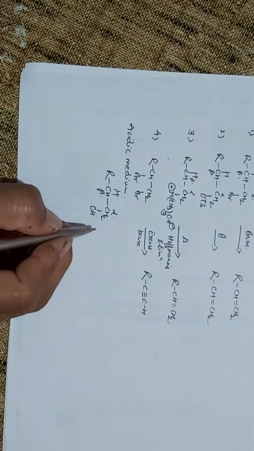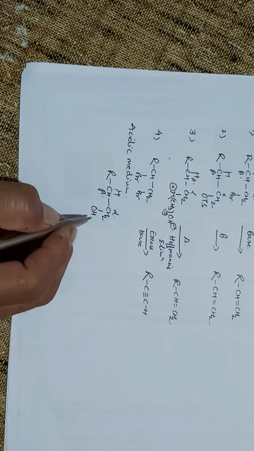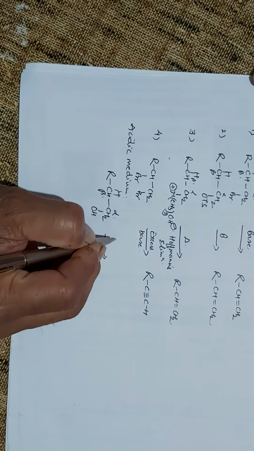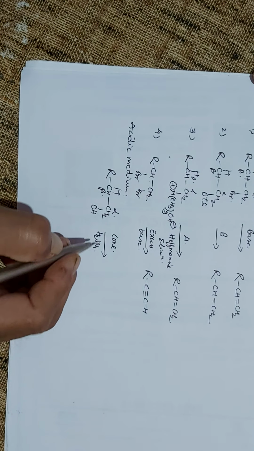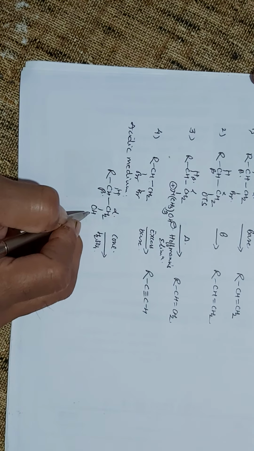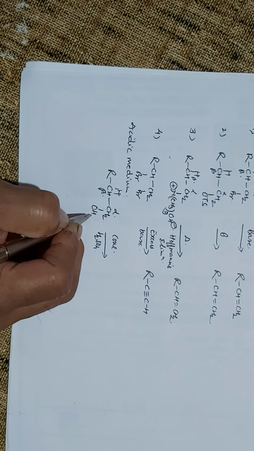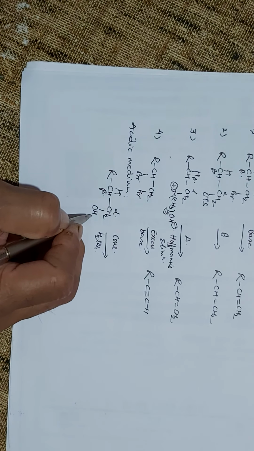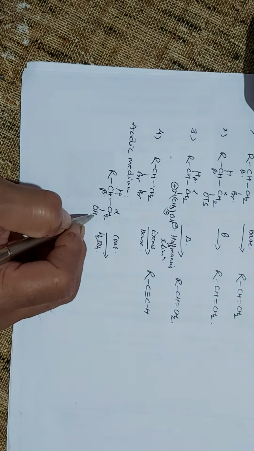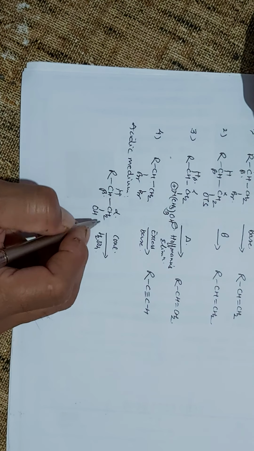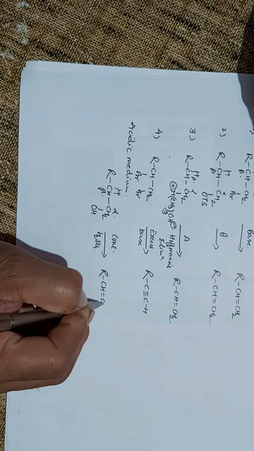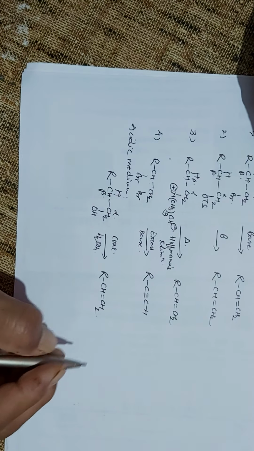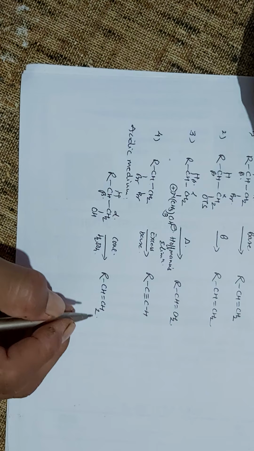Now here the reaction is carried out in the presence of concentrated sulfuric acid, that is, acidic medium. First of all, we convert this bad leaving group into a good leaving group, as we have studied in the topic of nucleophilic substitution reactions. Here again the mechanism is slightly different, but the product obtained is again the alkene.